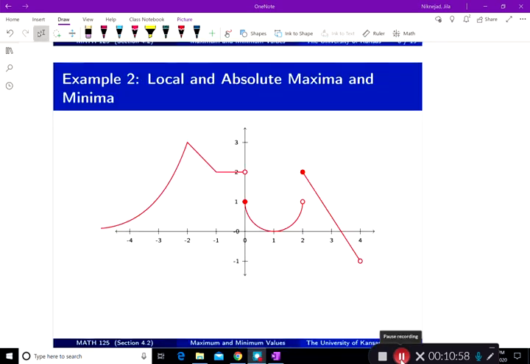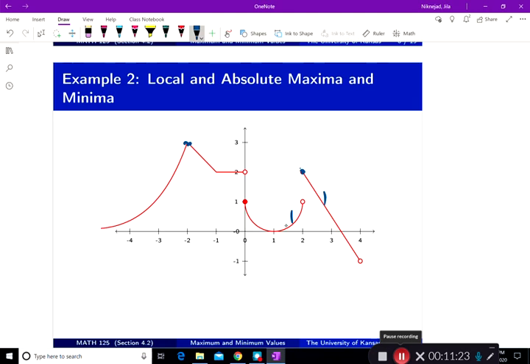Example 2, local and absolute maxima and minima. Over here, let's see, where do I see a local maximum? I see one over here because it's sitting above everything else. I see another one over here, sits above everything else around it.